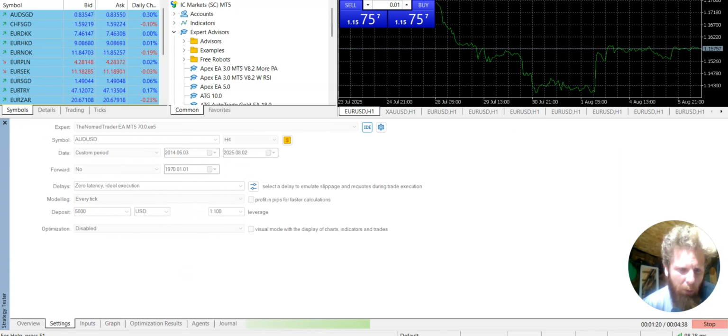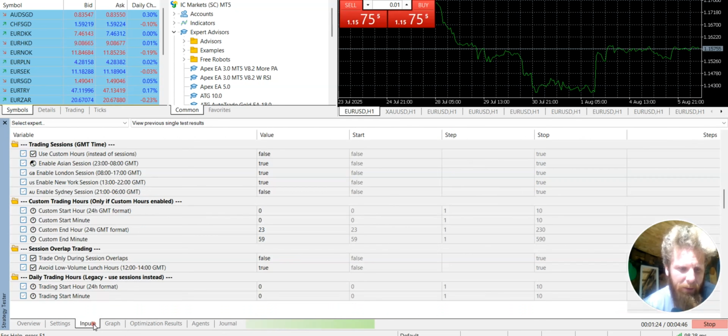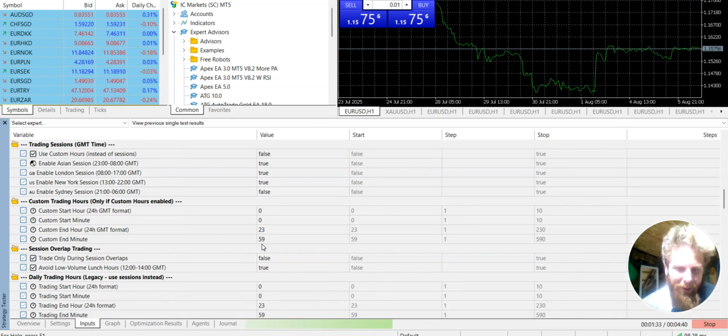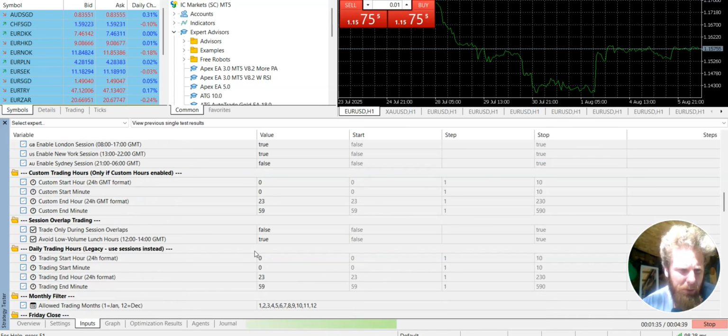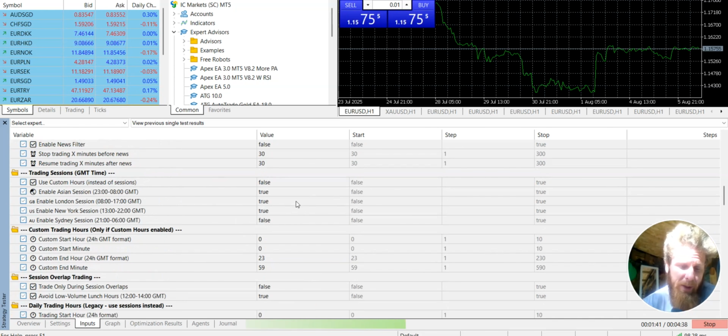Execution makes no difference in the world. I completely by accident didn't set it in this test, but it doesn't make any difference. If you want, let me know in the comments. I'm going to do another test where it is set. Also, you can use custom hours as well, which is important, not just the sessions, of course.